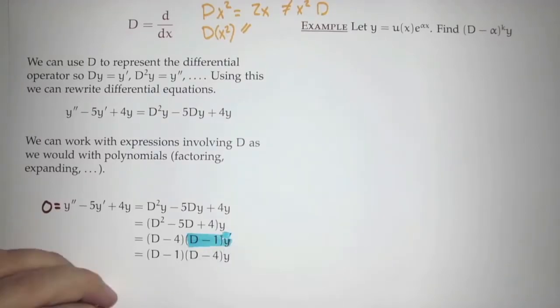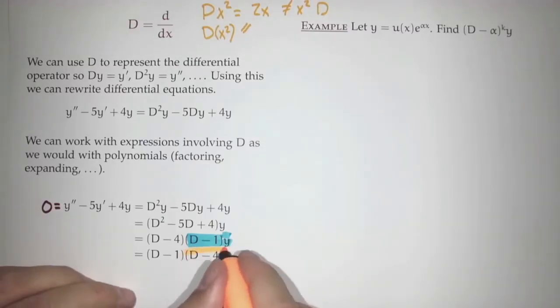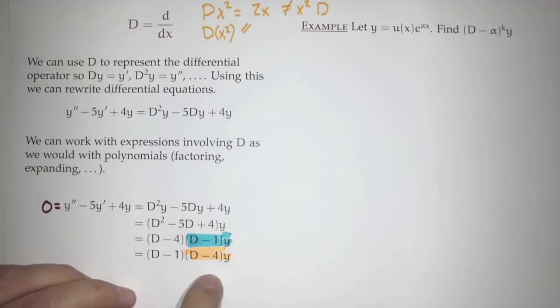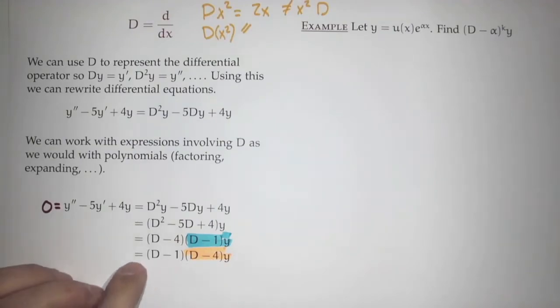So there's one differential equation that says d minus 1 times y. And then there's a second differential equation, d minus 4 times y, depending upon which order we take it. And say, look, if I can find something which makes that 0 or makes that 0, I found a solution to my original differential equation. Because once I have 0, 0 times anything is 0. And that's the power of the 0.